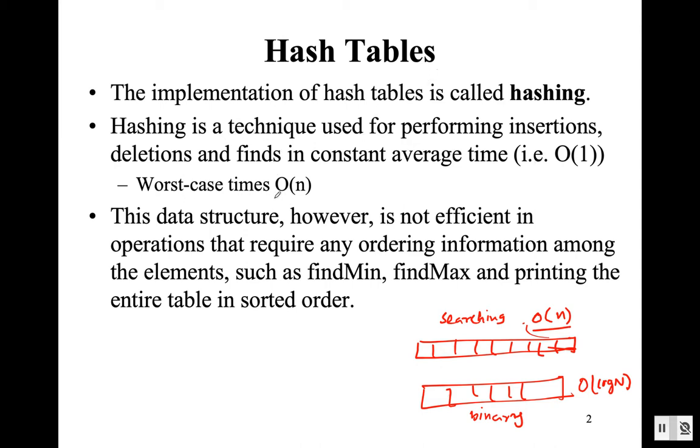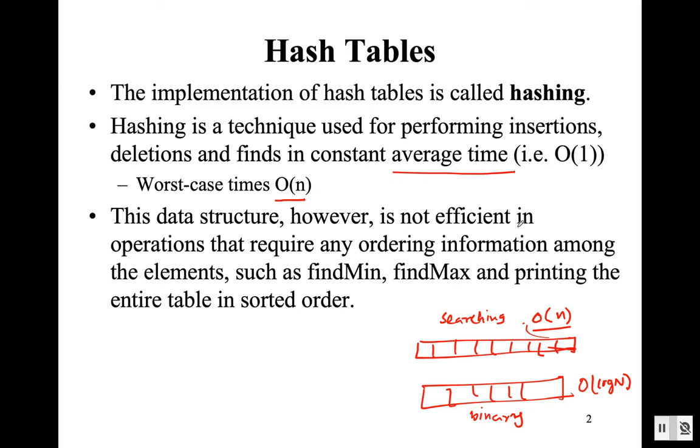The worst case runtime can be order of n, but the average runtime is constant in a hash table. The main purpose of the hash table is that we want to search an item in average constant runtime.